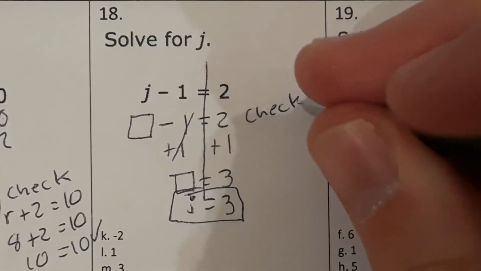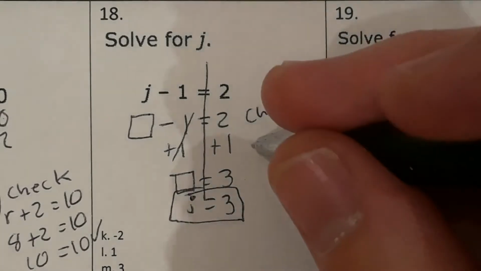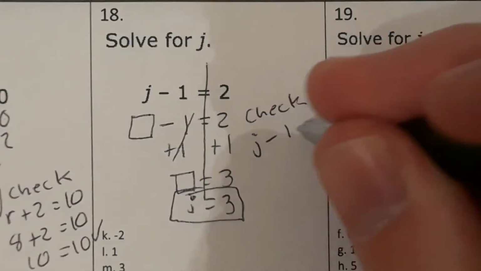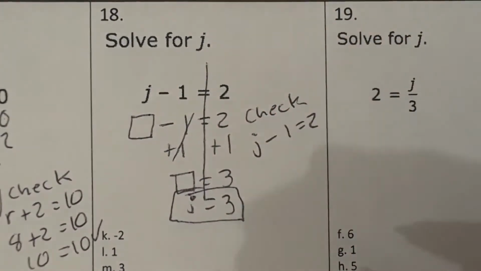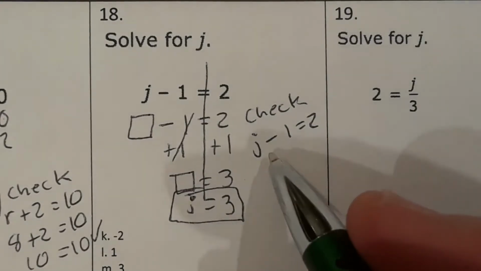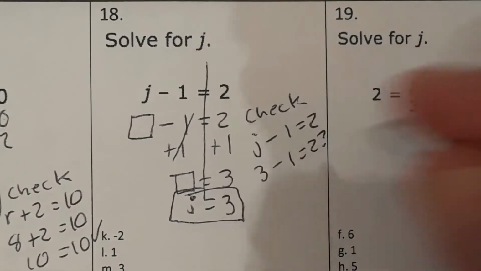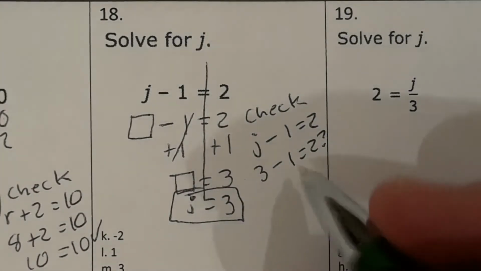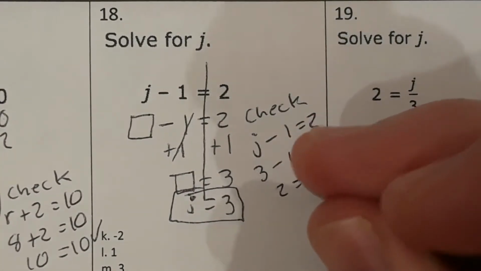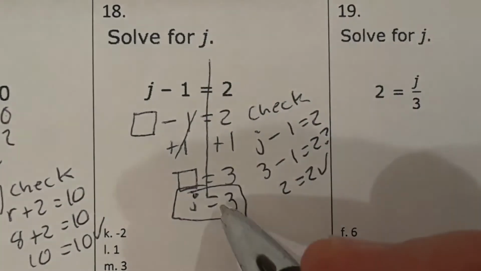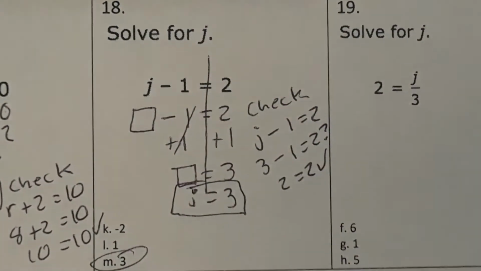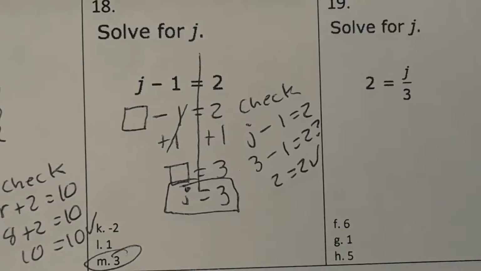So check. J minus 1 equals 2, but we found out that J should be 3. So 3 minus 1 should equal 2, question mark. 3 minus 1 is 2, equals 2. So check. J of 3 is the correct answer.